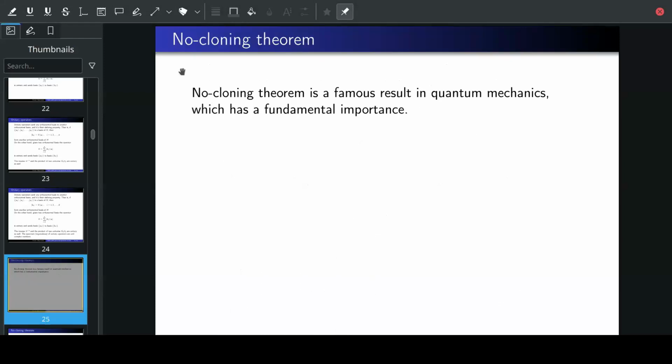Now I can formulate what is known as the no-cloning theorem. This is a very famous result in quantum mechanics, and it has fundamental importance.